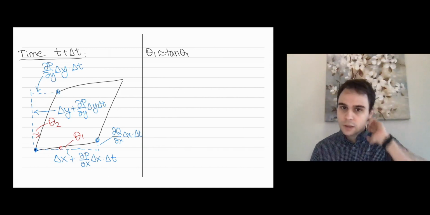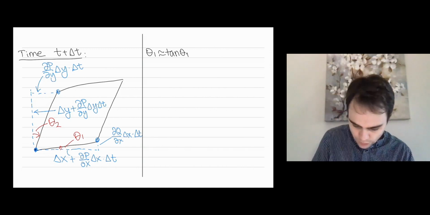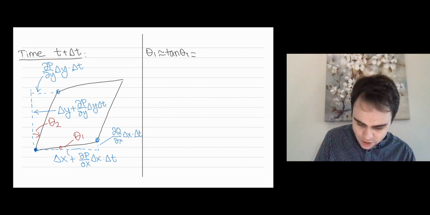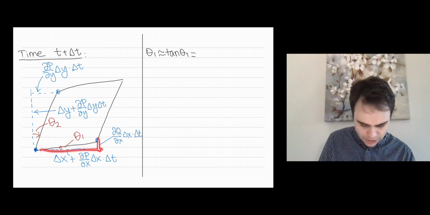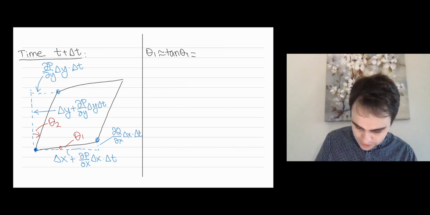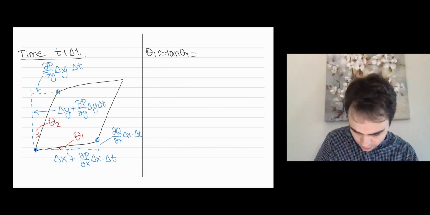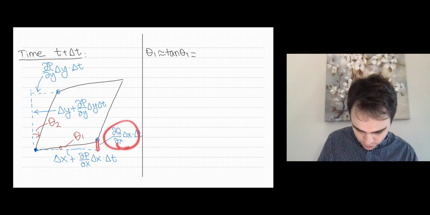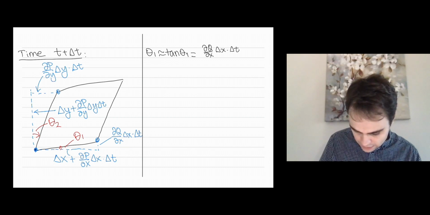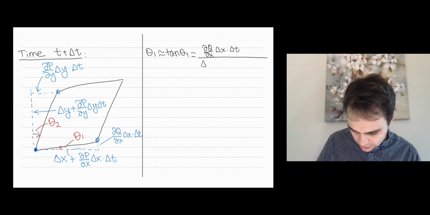Now, tangent is the opposite side divided by the length of the adjacent side. The opposite side, which we worked out, is dq/dx delta x times delta t, and the adjacent side is delta x plus dp/dx delta x delta t.